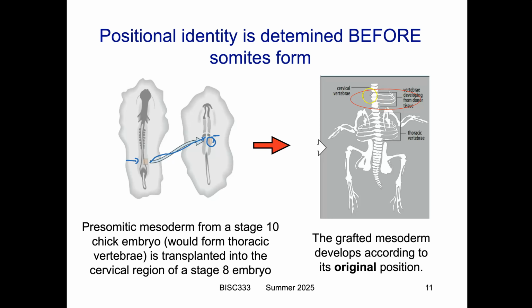And so you get these funny sort of hybrid vertebrae, because on one side, the vertebrae that are formed have ribs on them, up in the neck where they're not supposed to be having ribs. But on the other side, the somites contribute to the formation of the other half of the vertebra, and they are normal neck vertebrae, right? So this just shows us that the mesoderm that's grafted into that younger embryo develops according to the original position rather than the new position.